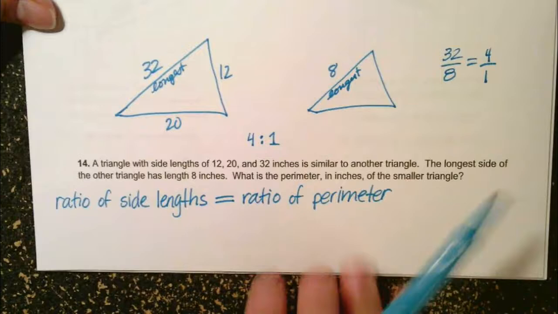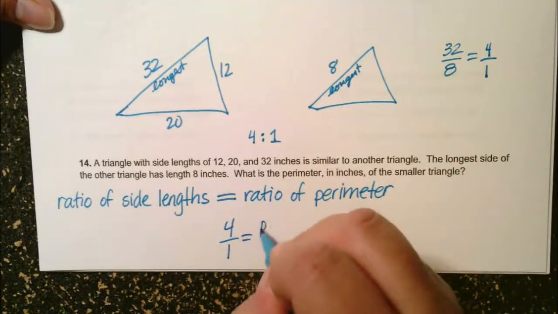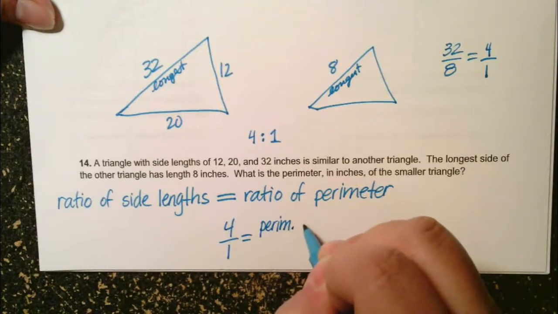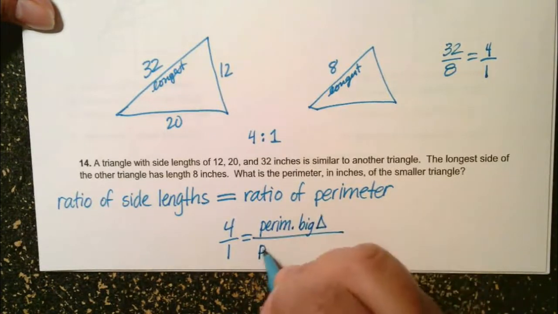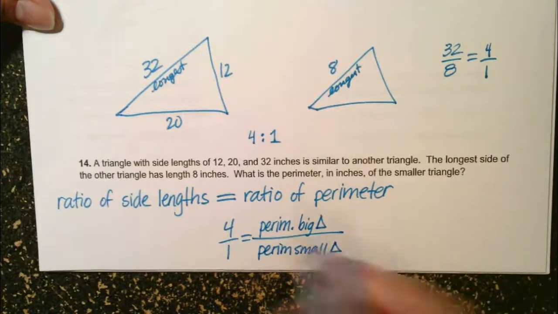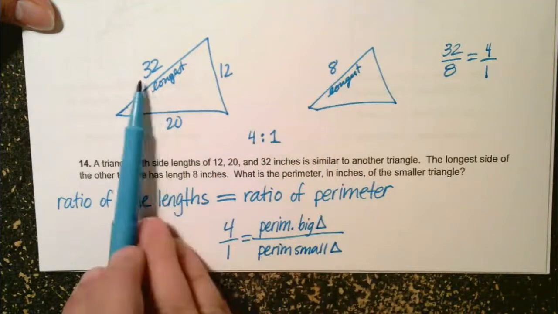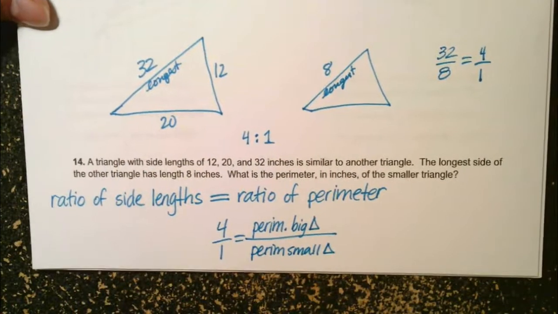In other words, let me write it as a proportion. 4/1 equals perimeter of the big triangle over perimeter of the small triangle. Just like it does any, like middle side of this over middle side of that, shortest side of this over shortest side of that, longest side of this over longest side of that. The perimeter works the same way as the lengths.